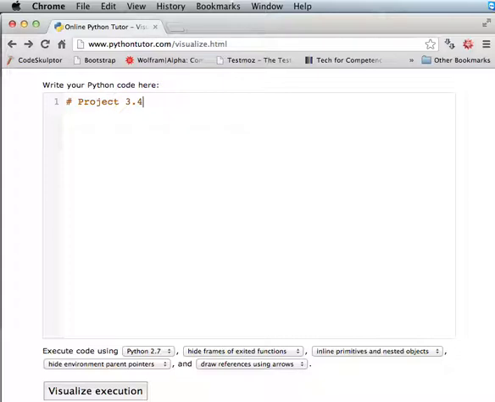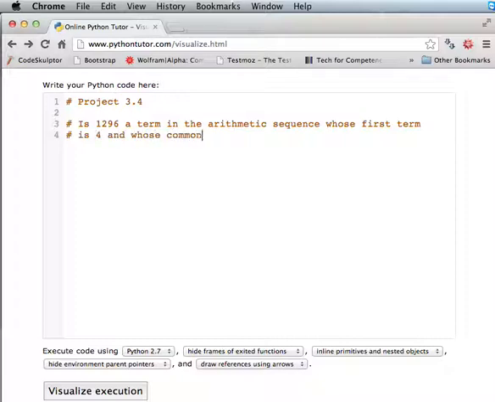But let's take a look at what it is that we're asked to do. So the question is: is 1296 a term in the arithmetic sequence whose first term is 4 and whose common difference is 17?